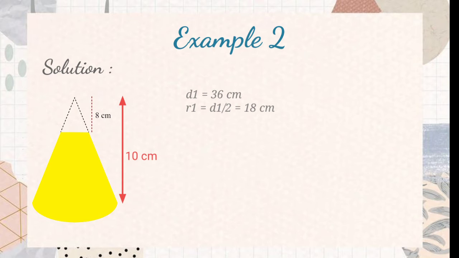Next, we find the radius of the small cone by calculating the ratio. We get the radius of the large cone over the radius of the small cone equals the height of the large cone over the height of the small cone, so 18 over R2 equals 24 over 8.